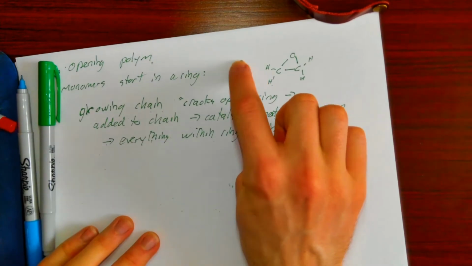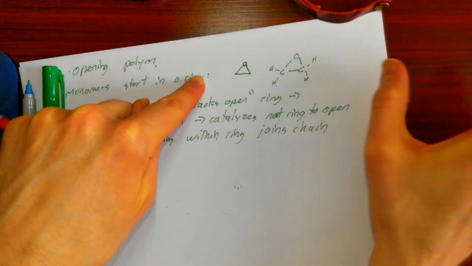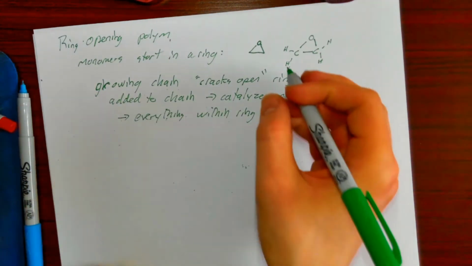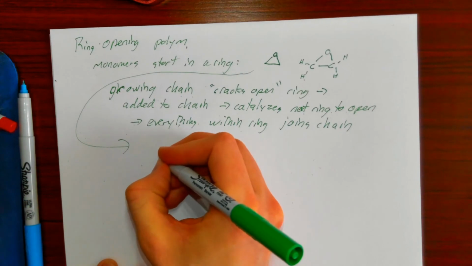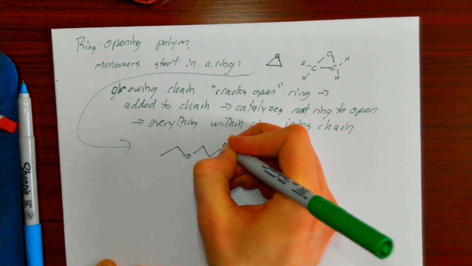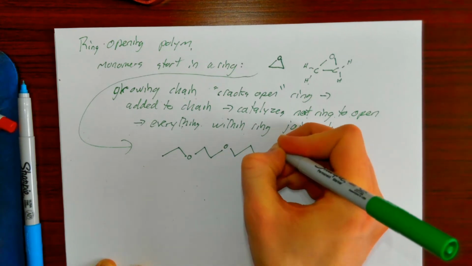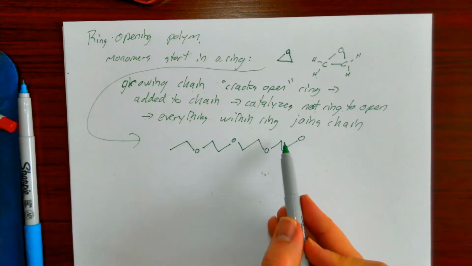And for example, this molecule right here, if you imagine opening up this ring and then adding a whole bunch of those open rings to one another, this molecule ends up creating something that looks like this. The oxygens become part of the chain.